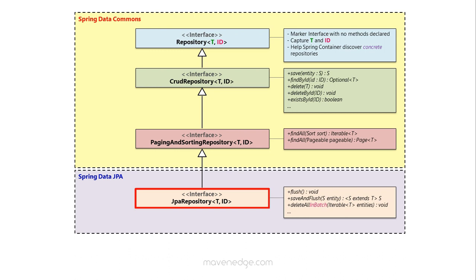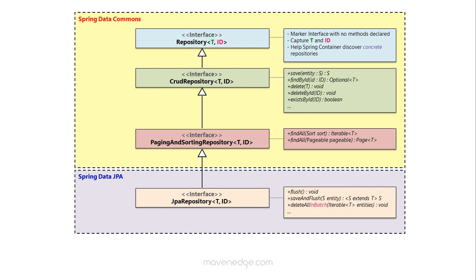For example, using the explicit flush method call, you could flush all the pending updates in your persistence context to your database. And if you want to batch delete your entities, it has the support for that as well. It's quite easy to point out any batch-related methods, as they all end with an InBatch suffix, as we could see here in the deleteAllInBatch method.